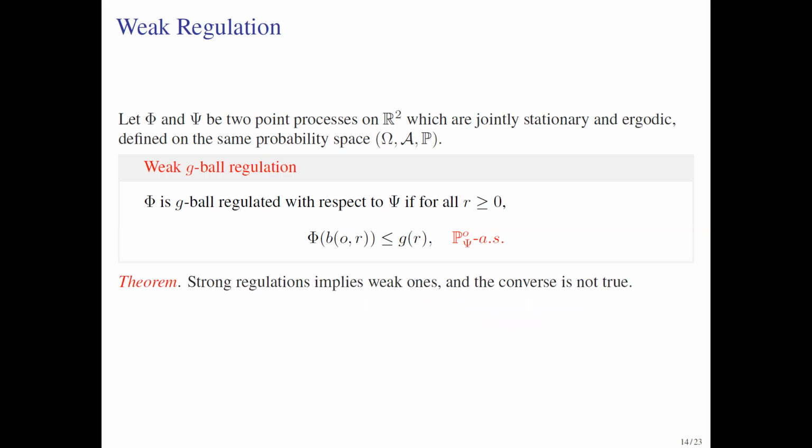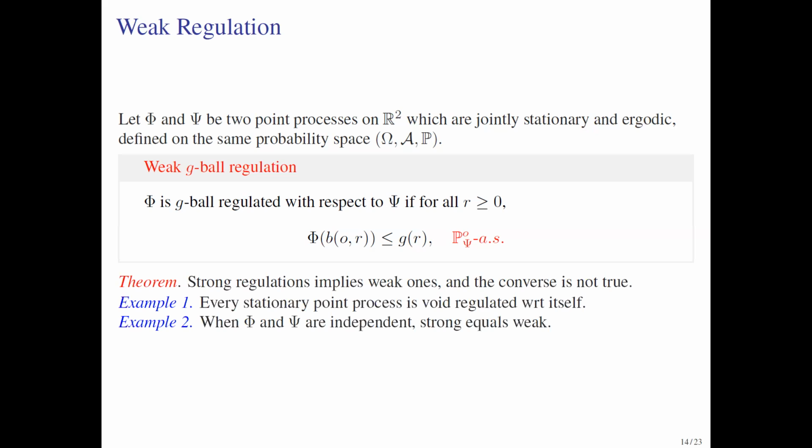We can prove that strong regulations imply weak regulations, and the converse is not true in general. There are two examples. If we take any stationary point process, it is void regulated with respect to itself for any arbitrary tau larger than 0. And if the two point processes phi and psi are independent, then the notions of strong and weak are equivalent.